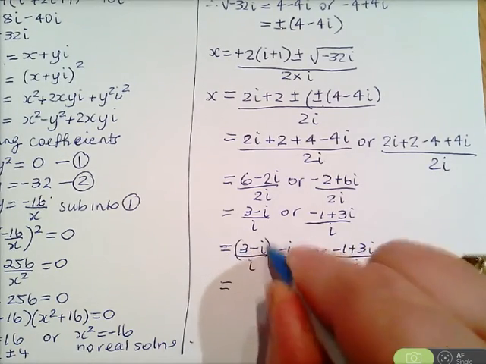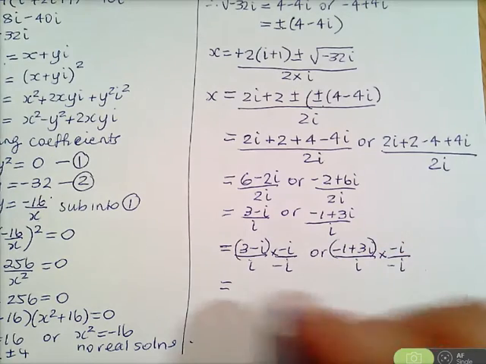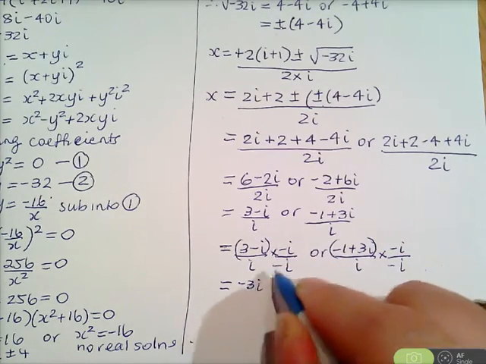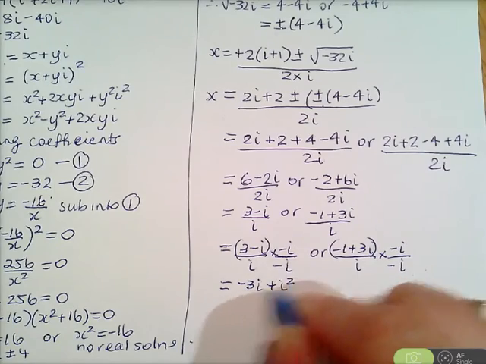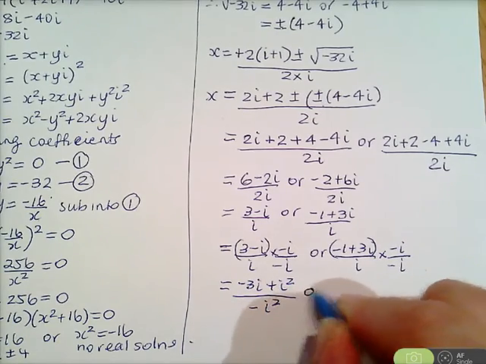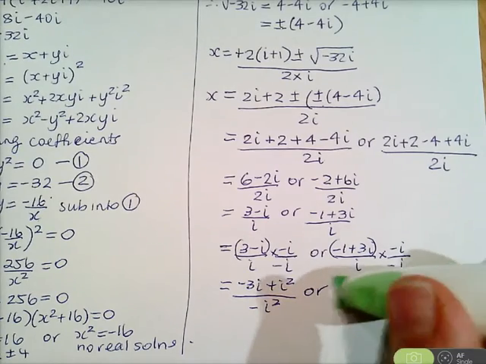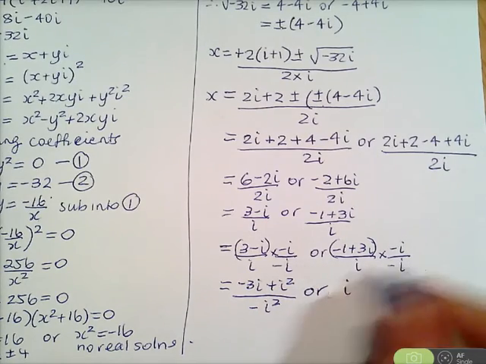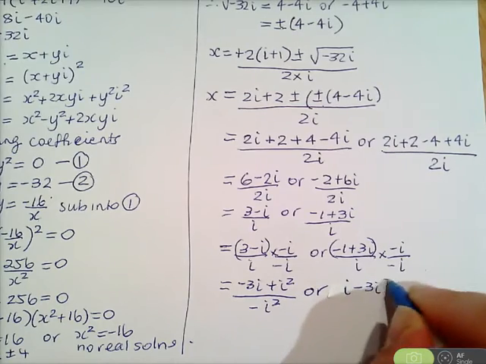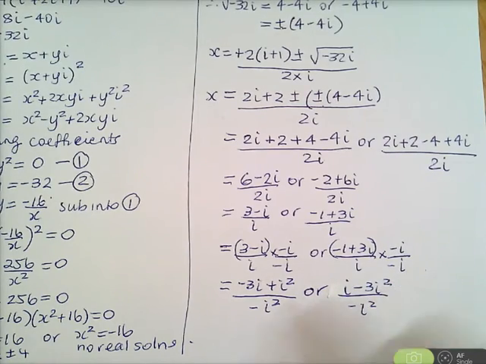Put that in brackets, and we get (negative 3i plus i squared) over negative i squared, or i minus 3i squared over negative i squared.